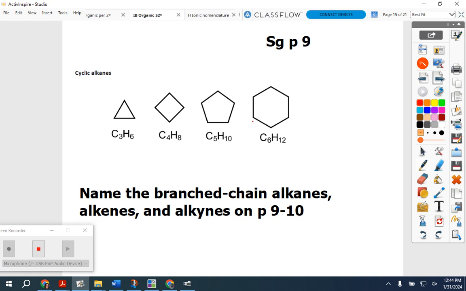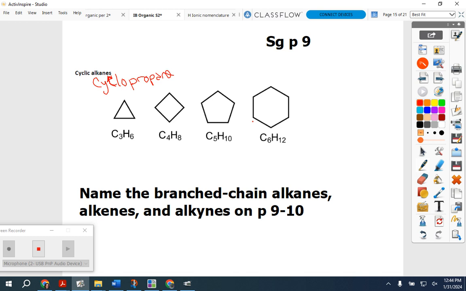And the way we name these is we put a cyclo before the stem. So this would be cyclopropane. This would be cyclobutane, cyclopentane, cyclohexane. Okay. And then if there are substituents on that, then you would name them.